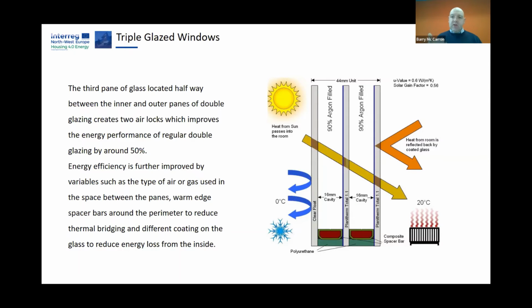Another thing going on with the windows before I move on is that there are various coatings in the glass, and what's good now is we have parameters called the G value, which tells us how the glass will perform, how much solar light it will let in and how much heat it can take off the building.